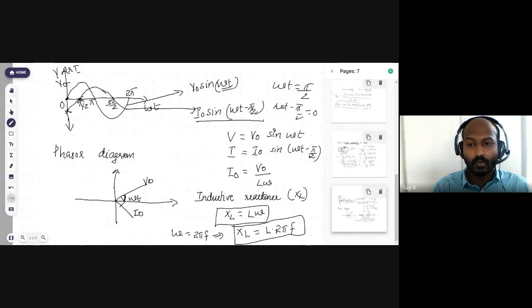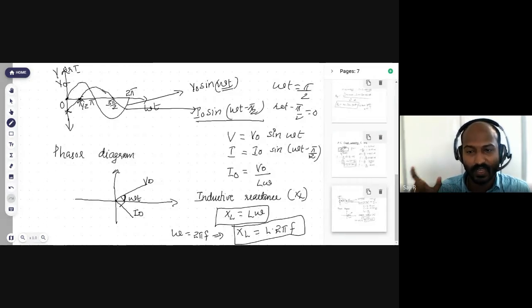Then how does it reduce the current? That is by back EMF. Last class we studied one more equation for the energy of an inductor. There we studied that the inductor stores the energy in the form of magnetic field. So it opposes a current, but that energy is not wasted. It will be stored in the form of magnetic field, and in the next half cycle, that energy will be used.